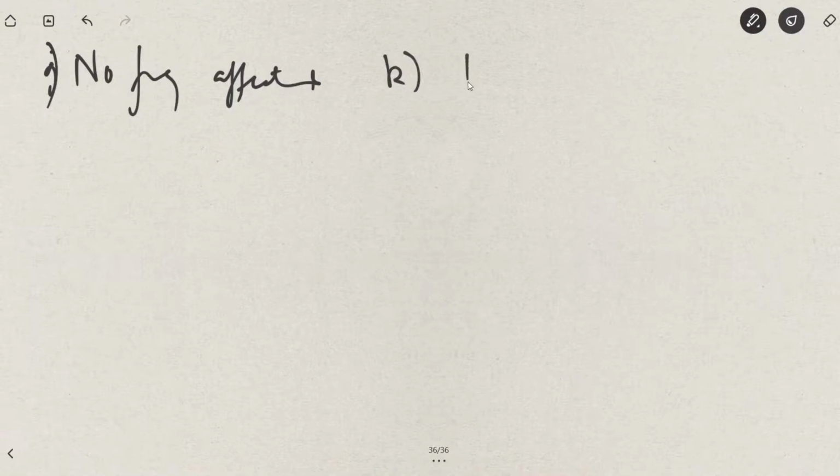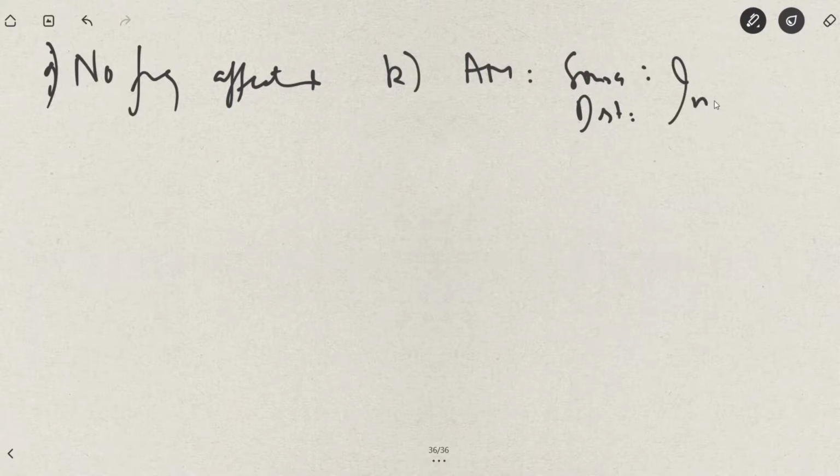K, the addressing modes. For the source and the destination, the addressing mode here is implied, in both cases, for both the source as well as the destination.